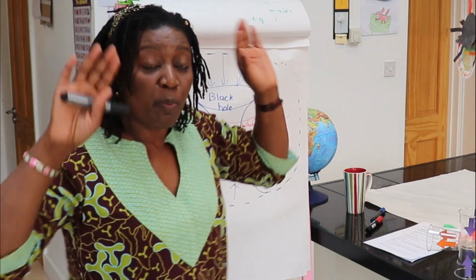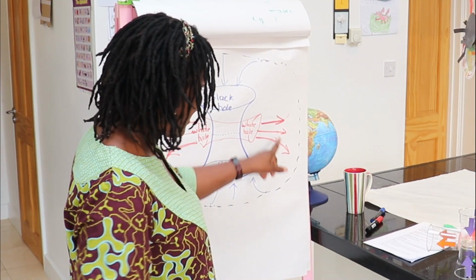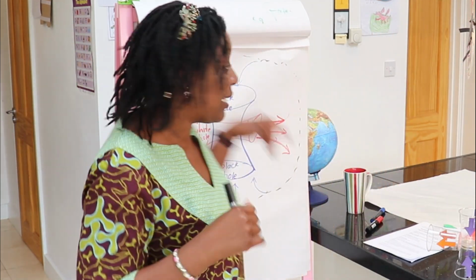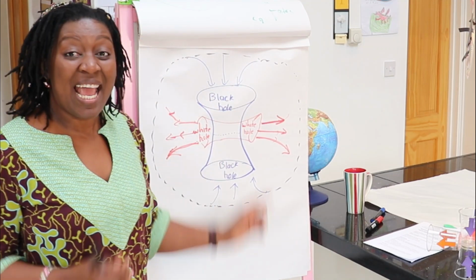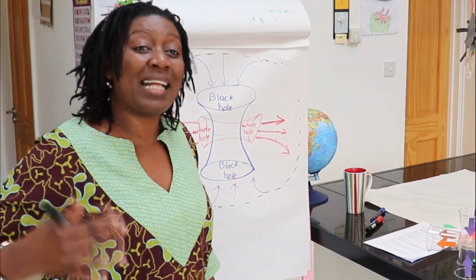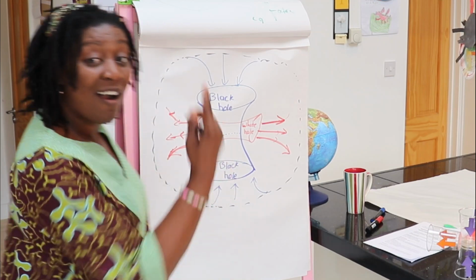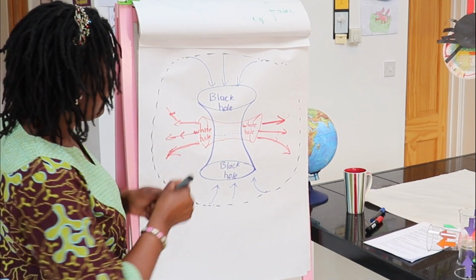The white hole is effectively acting as a pushing force, pushing the extent of the gravitational forces outwards. That's what that's doing. And basically the gravitational force is the magnetic pull of two black holes.